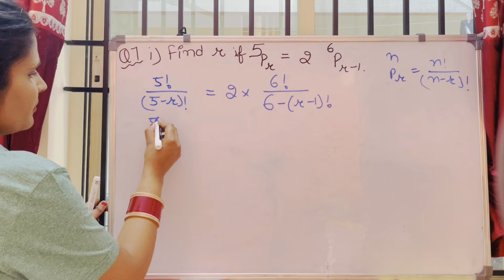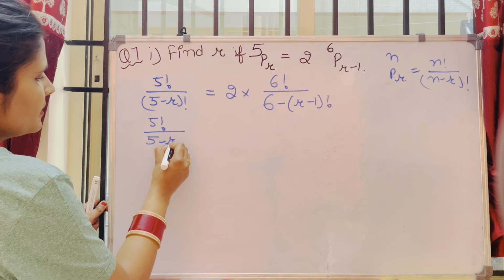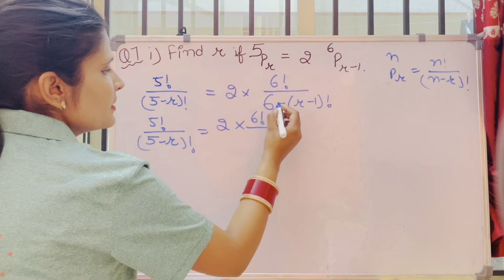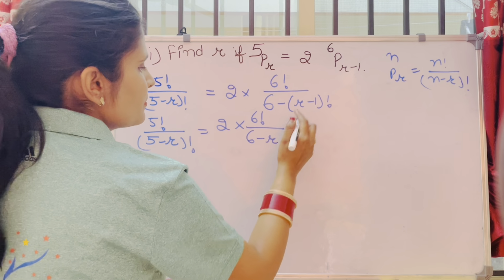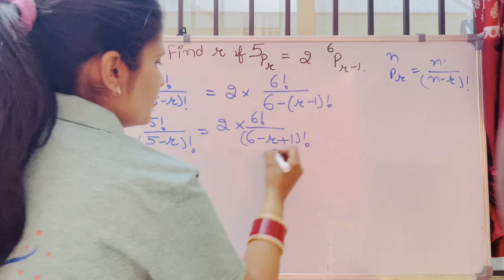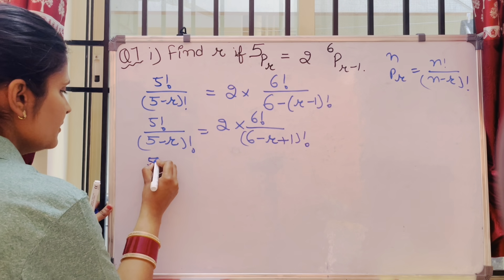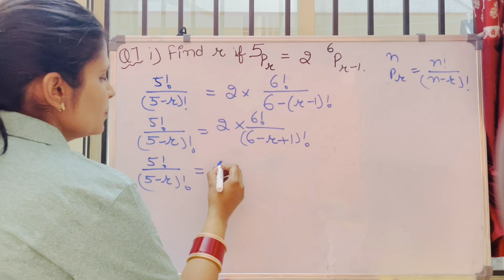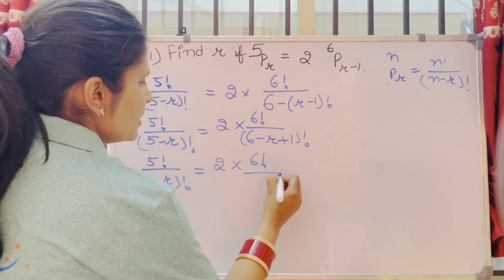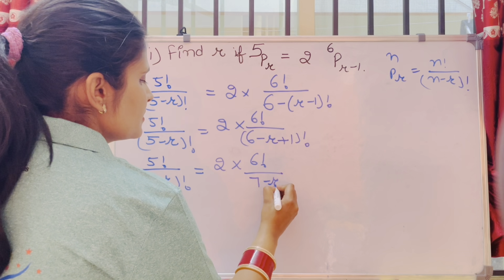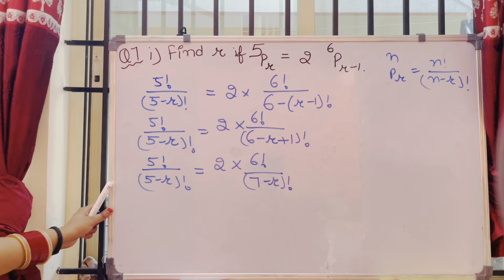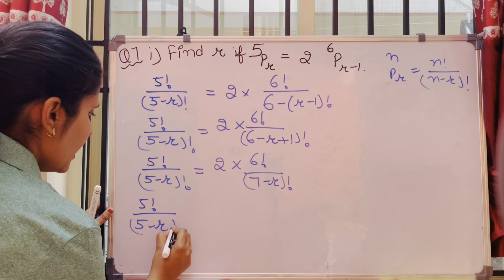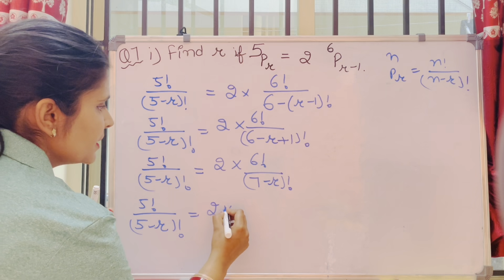Again 5 factorial upon (5 minus r) factorial is equal to 2 into 6 factorial upon (6 minus r plus 1) factorial. So 5 factorial upon (5 minus r) factorial is equal to 2 into 6 factorial upon (7 minus r) factorial.